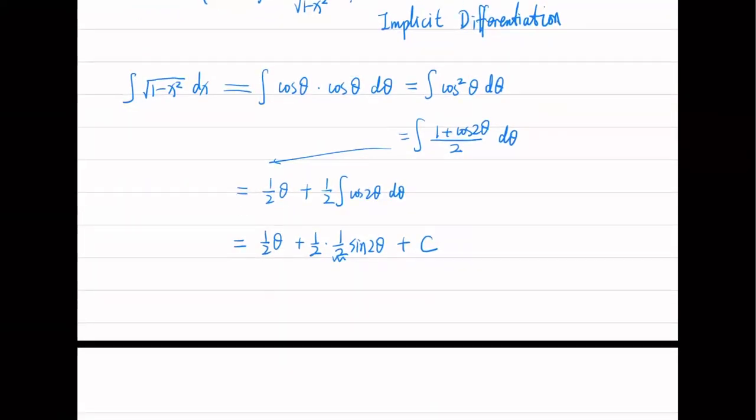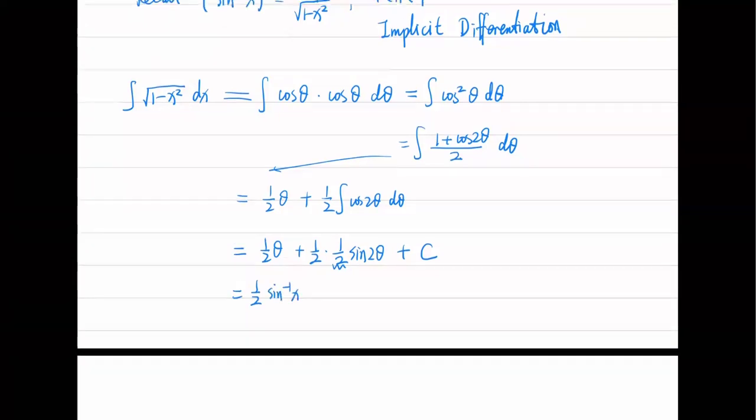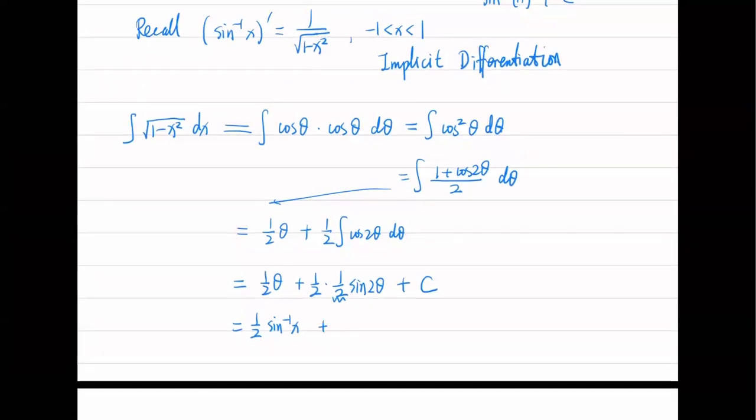okay, again, we want to go back to x. Go back to x. So sine theta, we have done this before. Sine theta is x. And 1/2, for this one, to get back to x, we use a double angle formula. So it will be 1/2 times 2 sine theta cosine theta plus C. Sine theta is x.